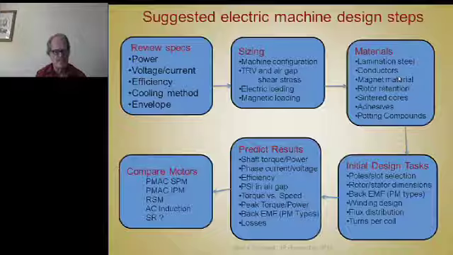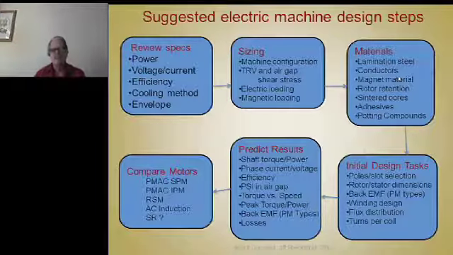The configuration of the machine: radial gap, axial flux, radial flux, transverse, and how it's packaged and mounted. Then, of course, we base this on tried and true, known sets of data on the torque per rotor volume and the air gap shear stress, and standards on electric loading, current densities, and magnetic loading.